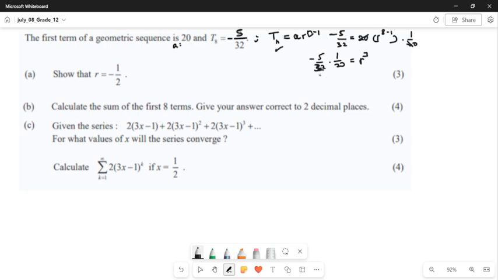Computing the left side, we get negative 1 divided by 128.